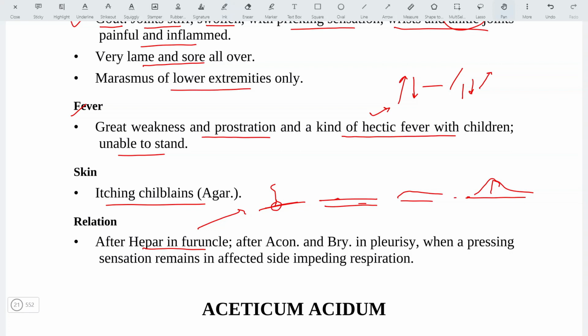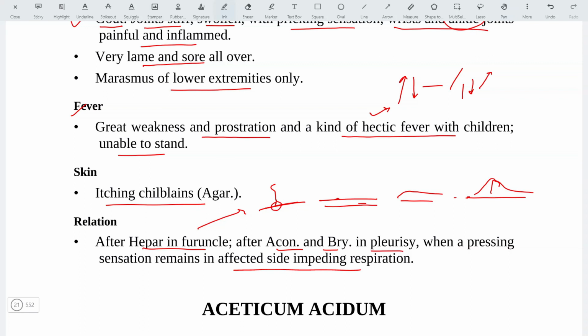So in painful boils or painful furuncles, we often think of Hepar sulph. But if you have given Hepar sulph, but there is something that is producing hindrance in the cure, then you think of Abrotanum. After Aconite and Bryonia in pleurisy, when a pressing sensation remains in the affected part, impeding respiration.